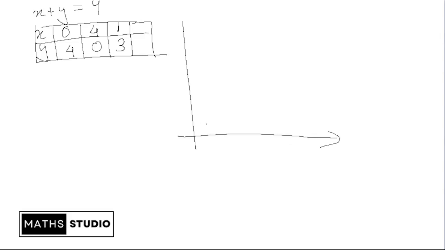So on the x-axis we'll have 1, 2, 3, 4, 5. This I've just done a little randomly, but you are going to use a scale to plot these points. This is of course 0, 1, 2, 3, 4, 5.